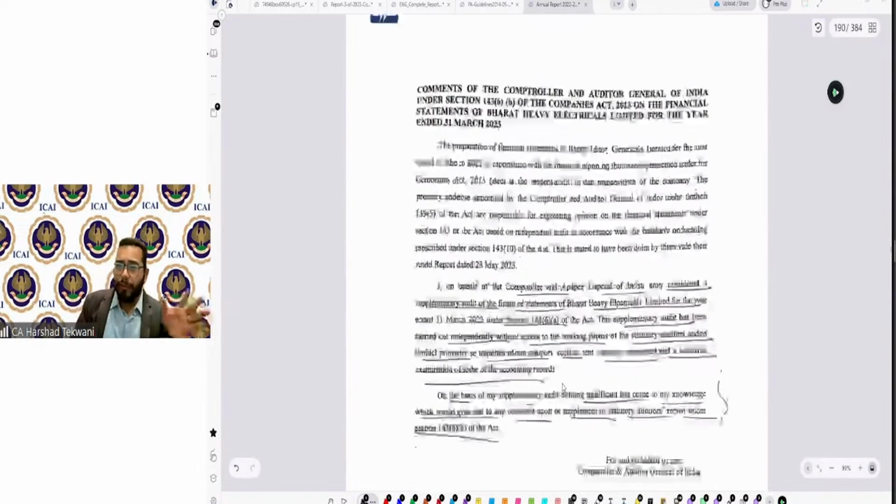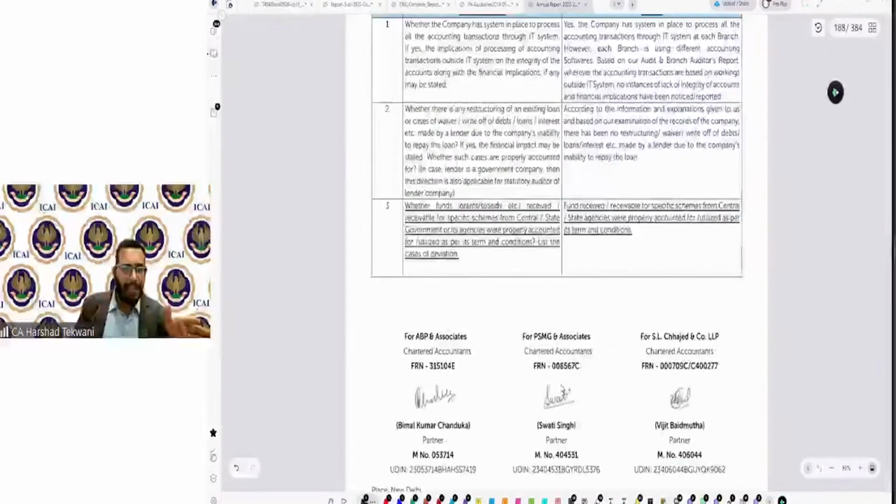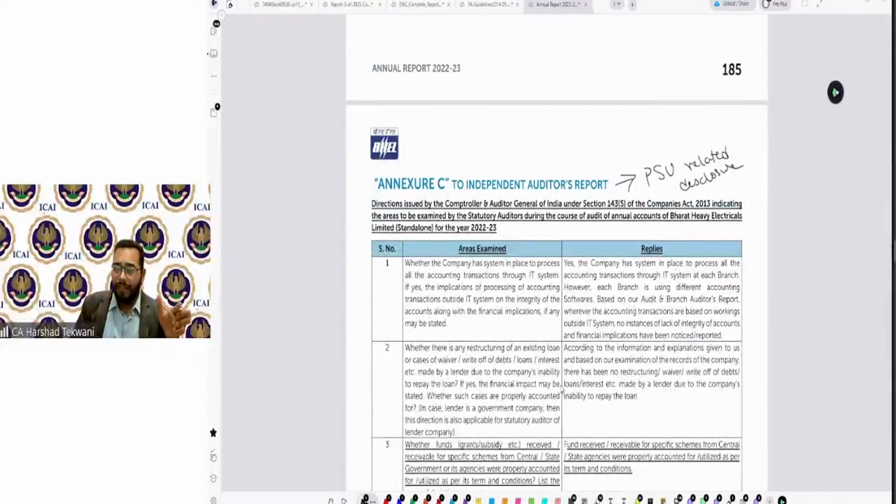Any doubt with respect to the 143(5) statement and 143(6) that we just discussed? Any doubt, guys? There is one doubt with respect to a comprehensive audit.